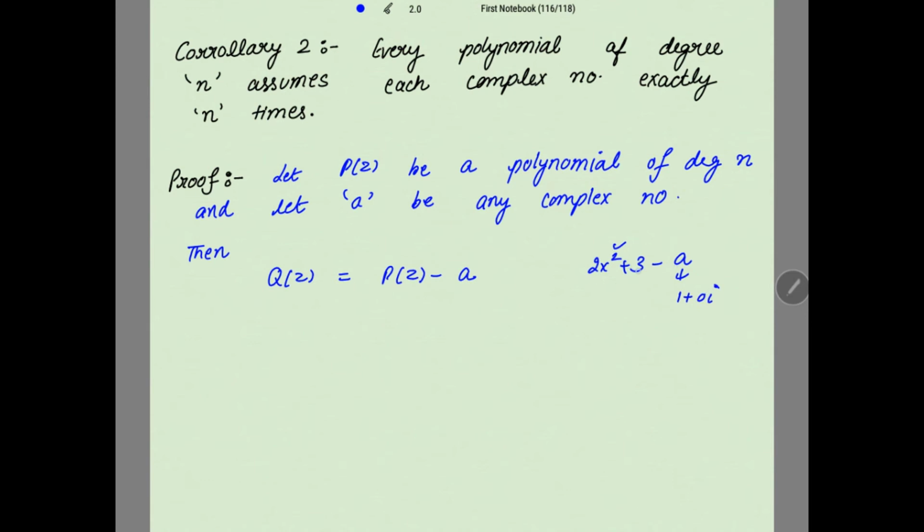Only the constant is simplified, but the degree remains the same. So if you subtract any complex number from a polynomial, the degree of Q(z) remains the same. Now this Q(z) is also a polynomial of degree n.